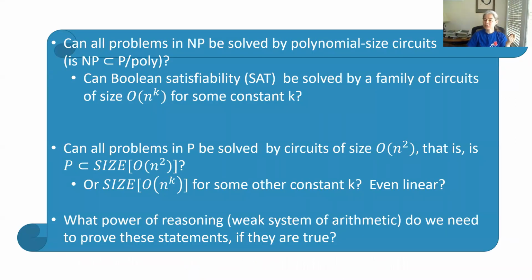So now, rather than asking can we solve everything in NP, in particular Boolean satisfiability for propositional formulas, by some algorithm, we ask, is it possible to solve it by a family of circuits where the circuit for every n can come from who knows where, and maybe has no resemblance to circuits for other n.